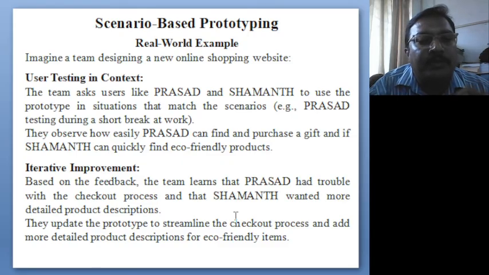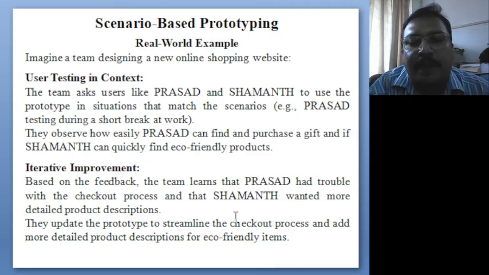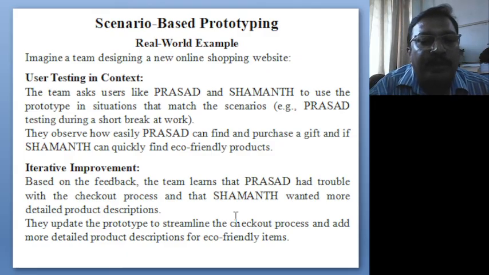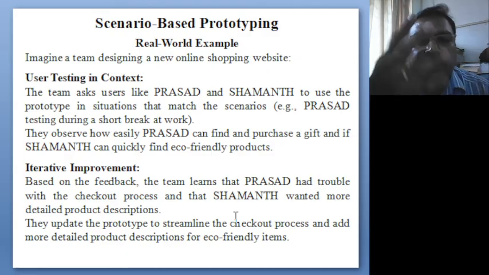Similarly, based on that observation, how I use that particular app to purchase a gift, and how Shamant is using it, they will check whether it is quick, and whether it is getting the eco-friendly product in an easier way. They will test whether the search engine is working properly. Then iterative improvement is done based on the feedback that Prasad and Shamant give.